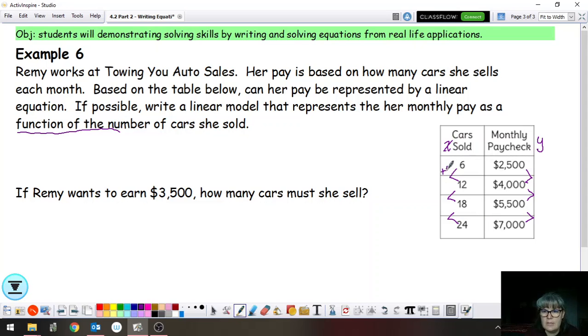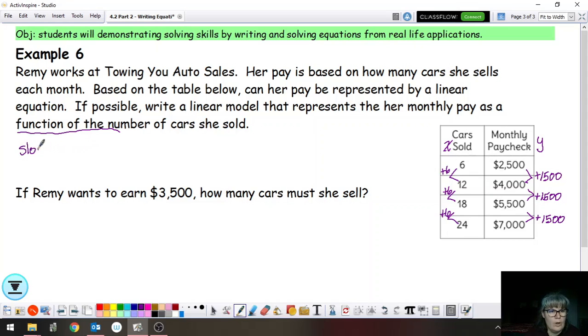So x has an increase of 6, y has an increase of 1,500. So x is increasing by the same amount, y is increasing by the same amount. So we can have a linear model for this situation.